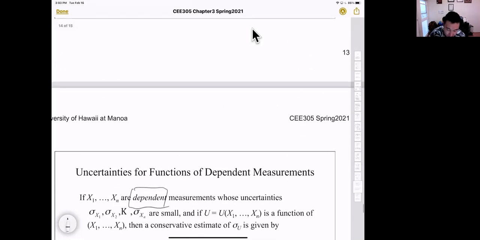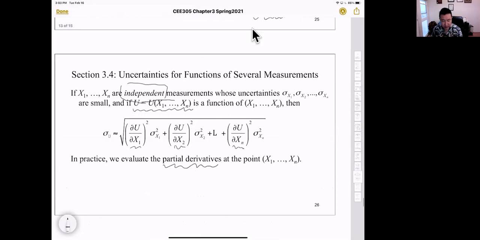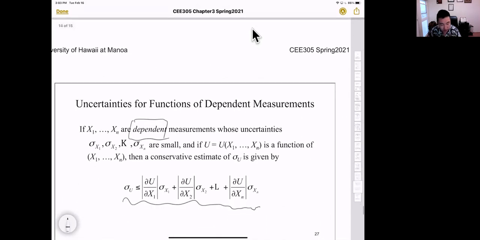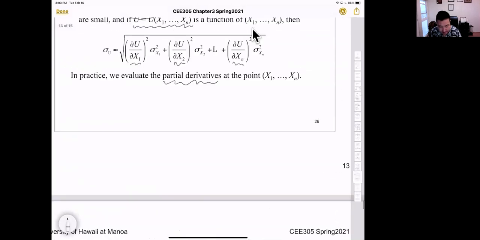The calculation will be very complicated because we need to do partial derivatives, so we do not expect to see much of these kinds of problems in the exams, but you should understand it.